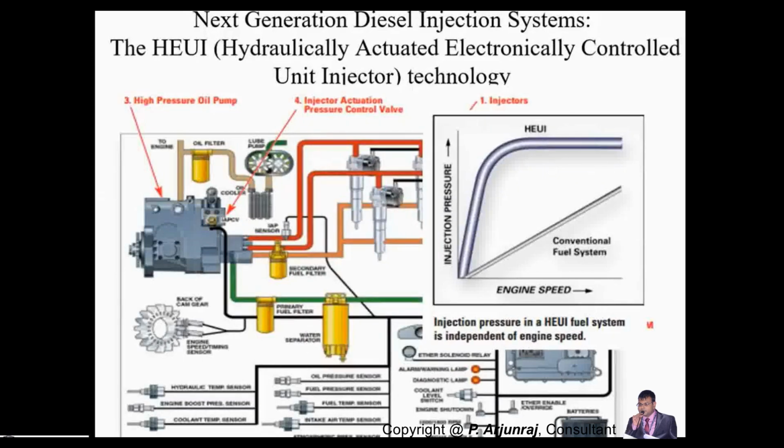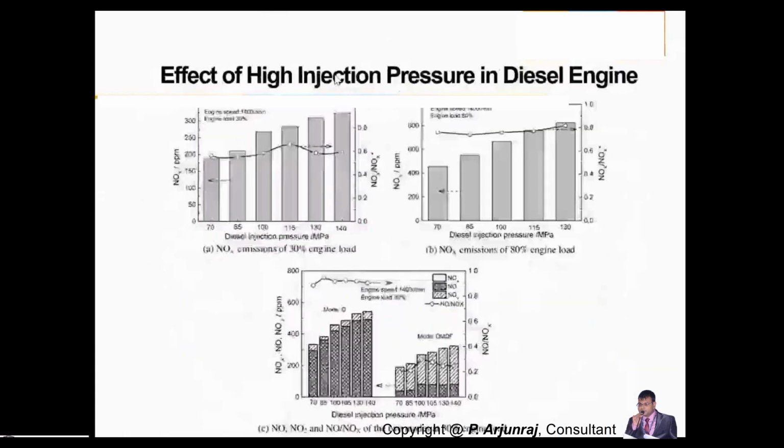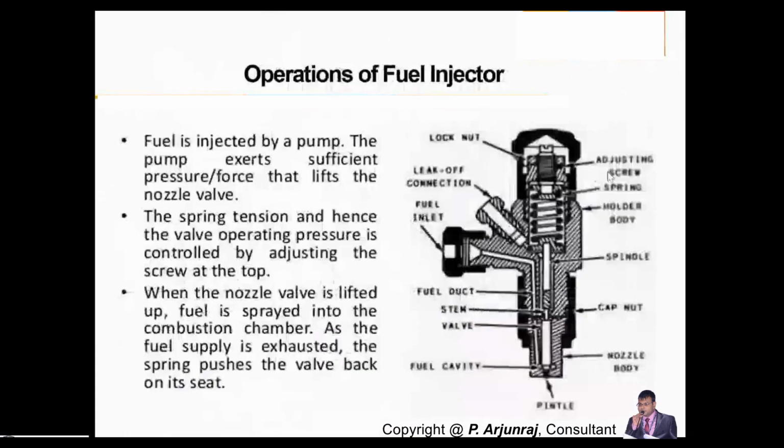And one more advantage what we have with respect to hydraulically actuated thing is you can completely shut down hydraulic operation. If the pressure is already there, you don't need to have the hydraulically operated valve. Okay, you can easily shut down that one, and you can maintain the regular injector what you have.